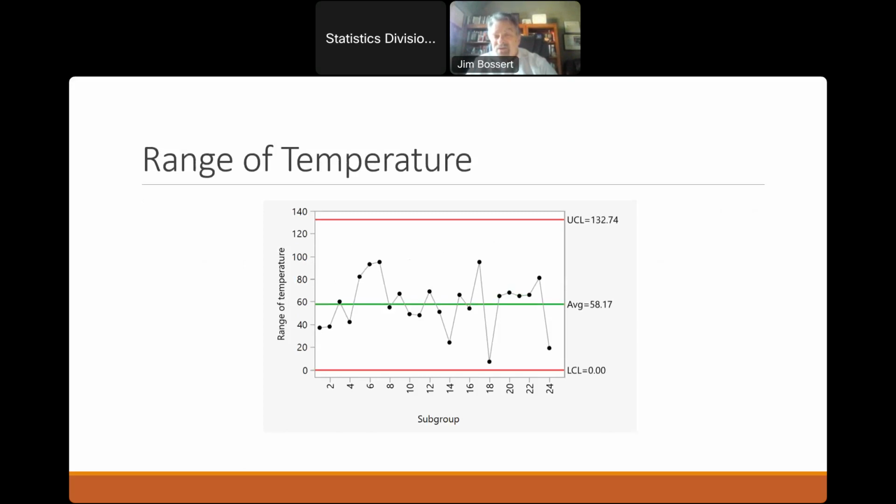Look at the range, though, we do see some fluctuations going on. So that's something that we have to remember, that the range is going to change. Range can be impacted for this stuff by outside forces such as humidity outside and temperature outside. For example, spring and fall for certain manufacturing processes are horrible because you have fluctuations in temperature and humidity.